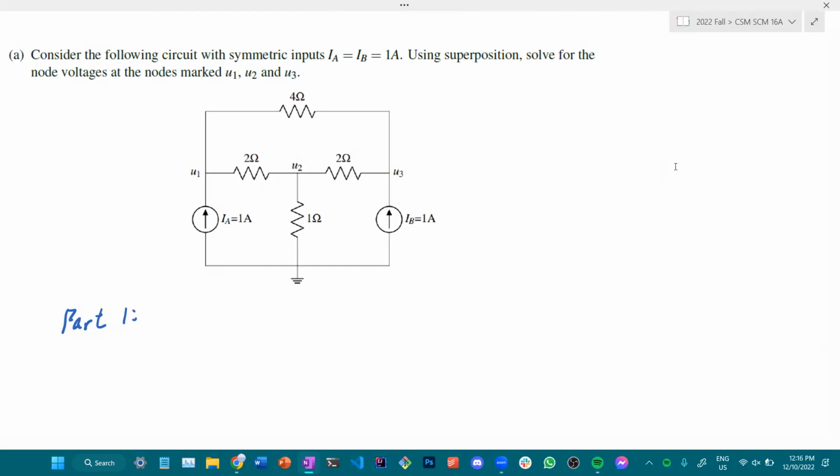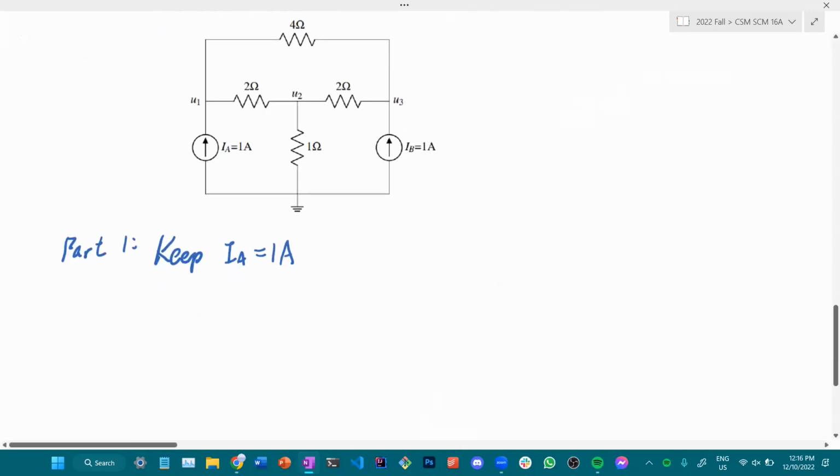So in this case, I'm going to keep I1 in part 1 of the solution. The sources that you don't use have to be 0. So we'll end up with a circuit that looks like this, where once again IA is kept, equal to 1A.